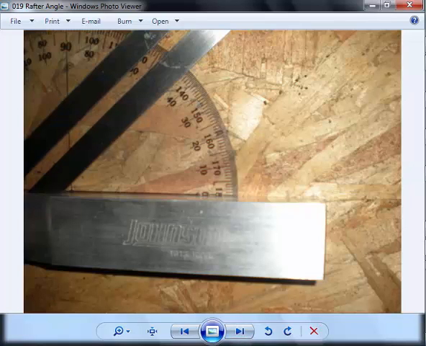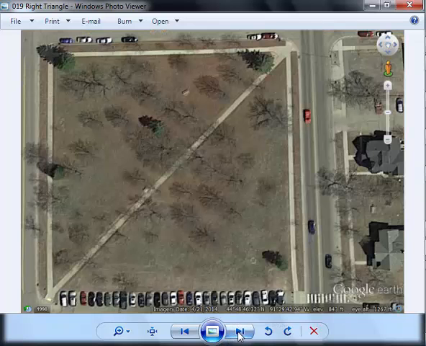So I'm going to show you, like I said, the angle there is 44 degrees. Here's another pair of right triangles across from each other, and they are not isosceles right triangles because this distance here and this distance here are not the same length.